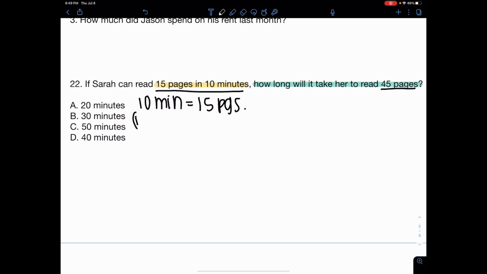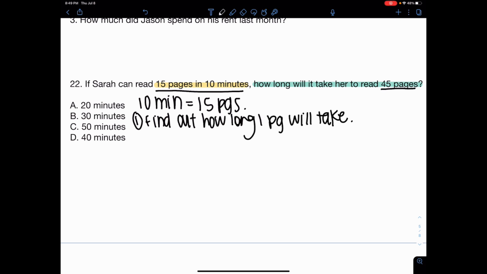So first thing we need to do, find out how long one page is going to take. So the way we do that is we're going to take that 10 and divide it by 15. And we have that from there and that from there.